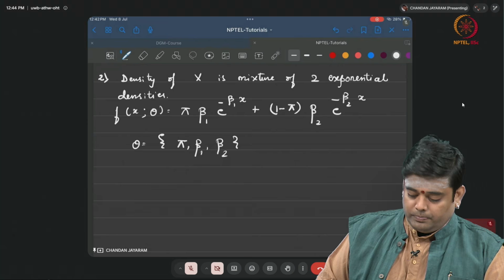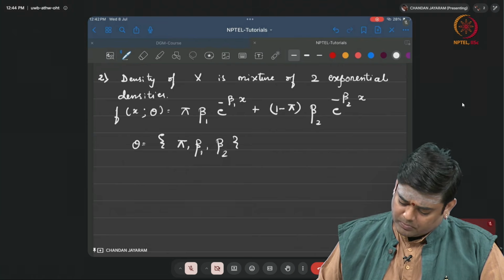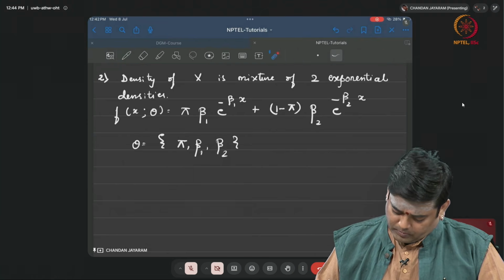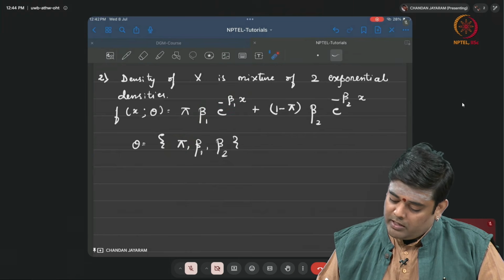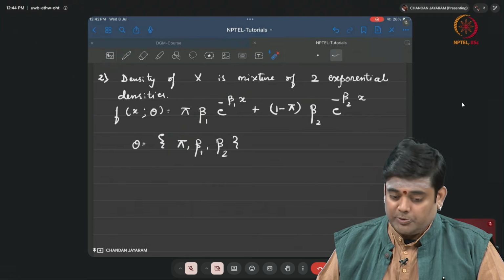Pi is the probability of choosing from component 1, the first exponential density, and 1 minus pi is the probability that you are choosing from the second exponential density.